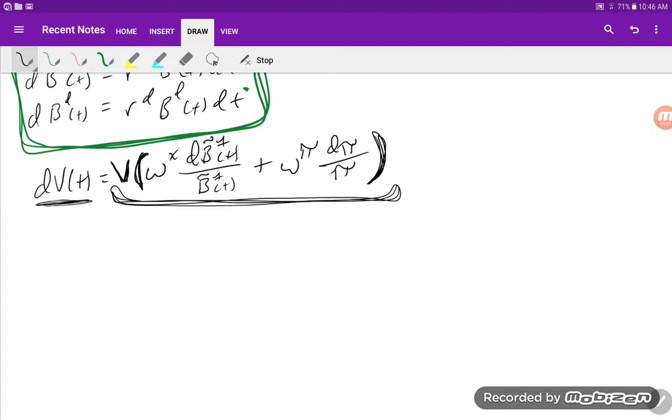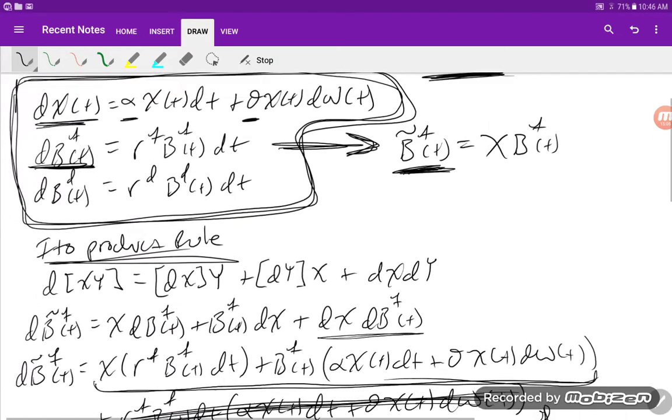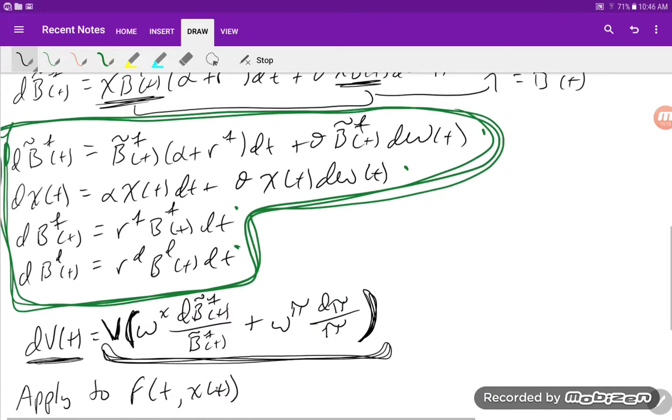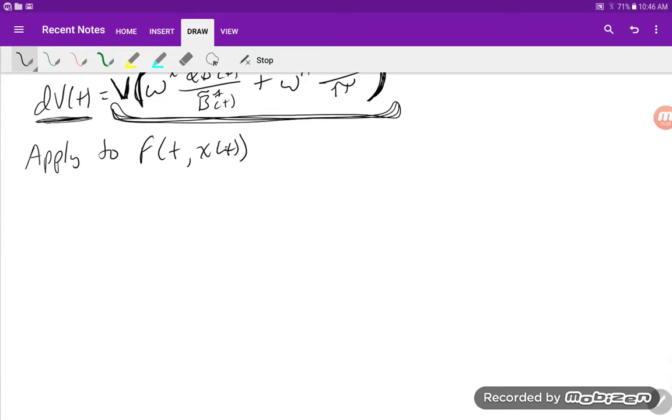So with that, we're going to move on to something slightly different. So apply Ito now to f. Remember, we assumed that we had this pricing function, f of t, x, t. So apply Ito's lemma to that. I say apply Ito's lemma, basically it's almost asking for Ito's lemma.